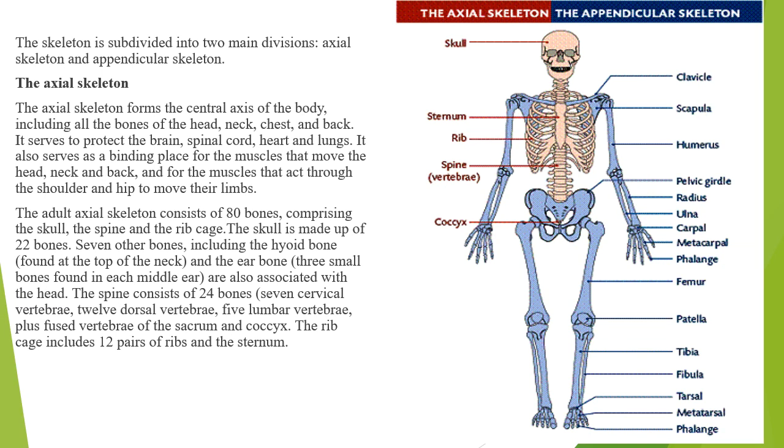The skeleton is subdivided into 2 main divisions: axial skeleton and appendicular skeleton. The axial skeleton forms the central axis of the body, including all the bones of the head, neck, chest, and back.